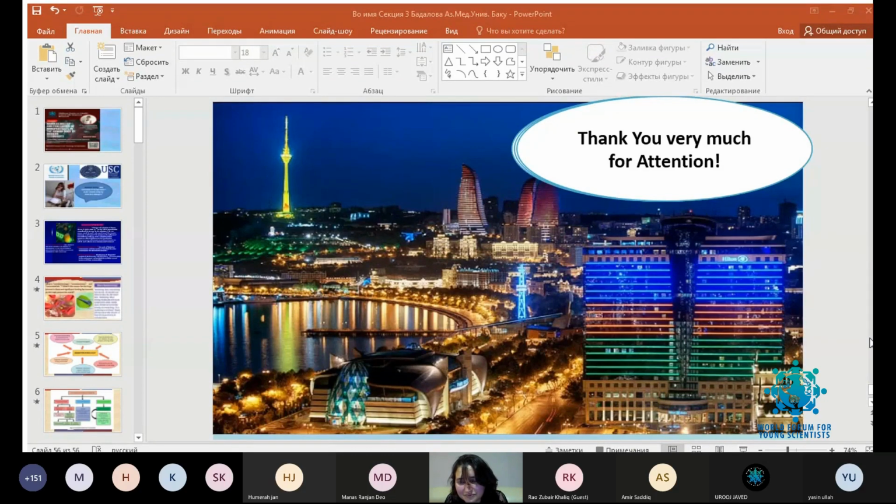Abdul Malik is asking, how can we use iron-coated nanoparticles at the molecular level? Iron nanoparticles, but usually I didn't use iron nanoparticles.